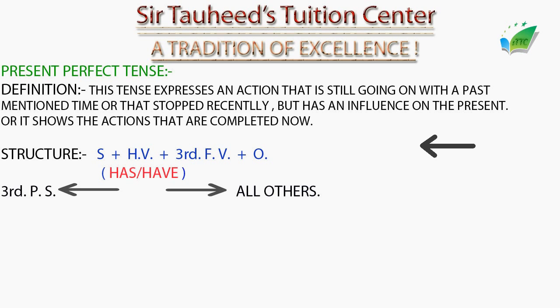After subject, we have to put helping verb. Here, the helping verbs are has and have. After helping verb, we use third form of verb, and this form of verb is also called past participle. After verb, we use object. So, this is the structure of present perfect tense.